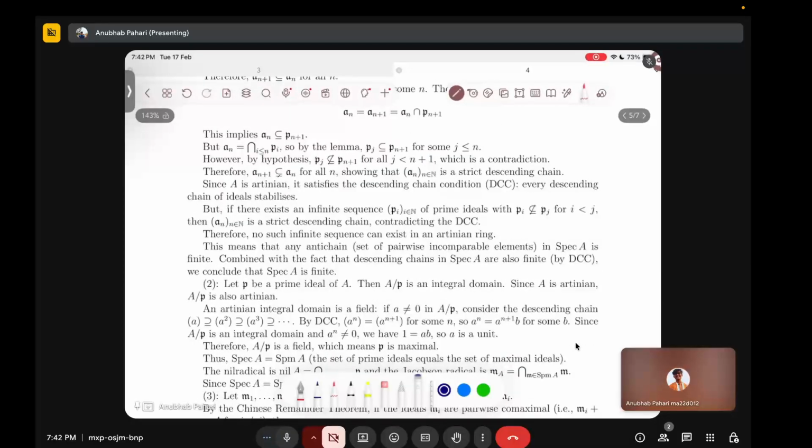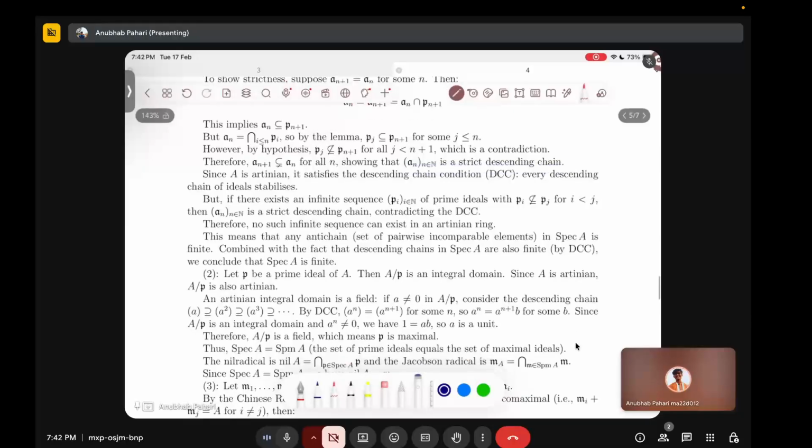So now what you have gotten is that An is a strict descending chain. Since A is Artinian, it satisfies the descending chain condition, which is that every descending chain of ideals stabilizes. But if there exists an infinite sequence of prime ideals with this condition being satisfied, then An is a strict descending chain, contradicting the DCC, that is the descending chain condition.